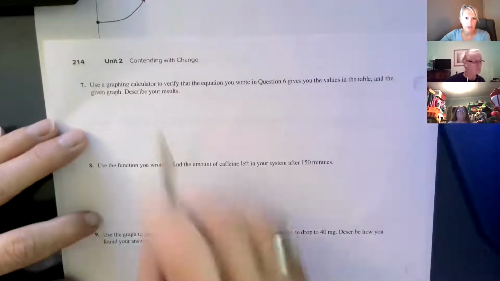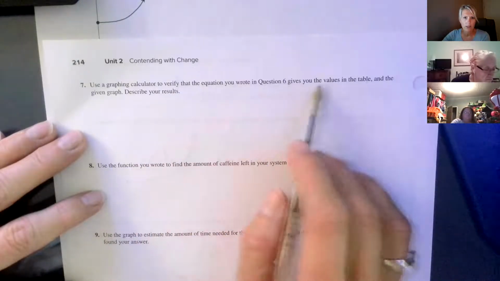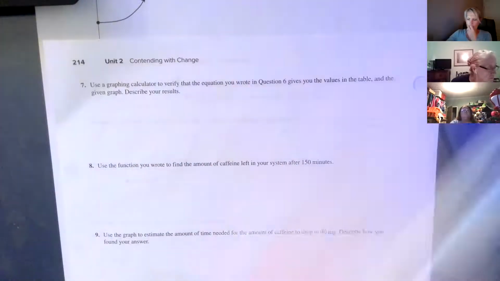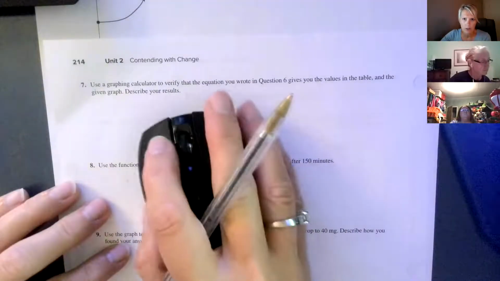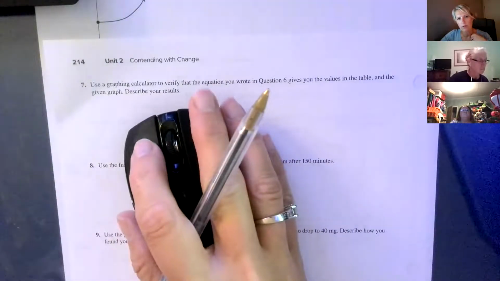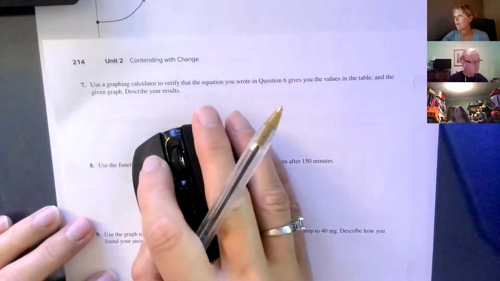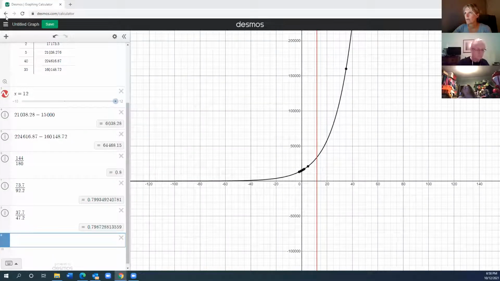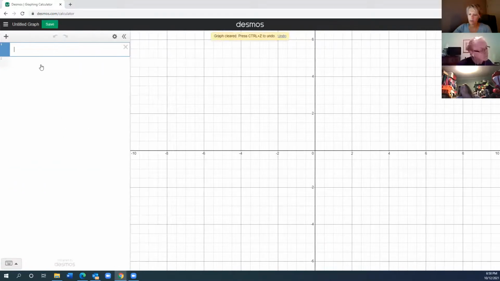And number 7 says, using a graphing calculator to verify that your equation gives you the values in a table or a given graph. So we can share our screen back to Desmos and we can go and prove that. Let's start a new graph here. So let's type in what we think is true.